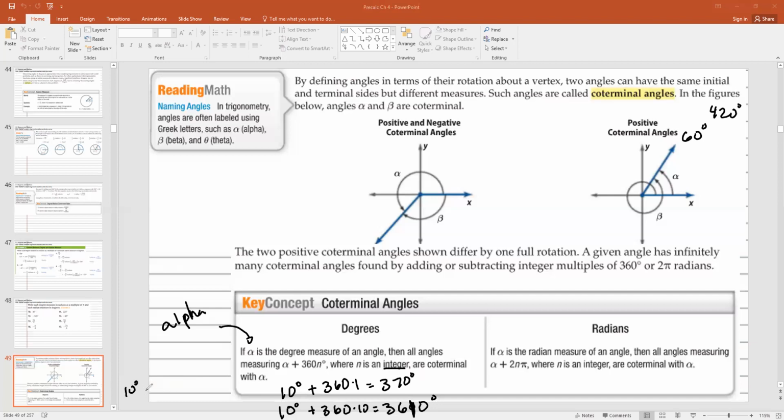So 10 degrees plus 360 times negative 2. That's going to give us negative 720. So negative 720 plus 10 is going to give us negative 710 degrees. Okay, so remember negatives is going the other way. It's going clockwise. And that's denoted by beta, I guess.